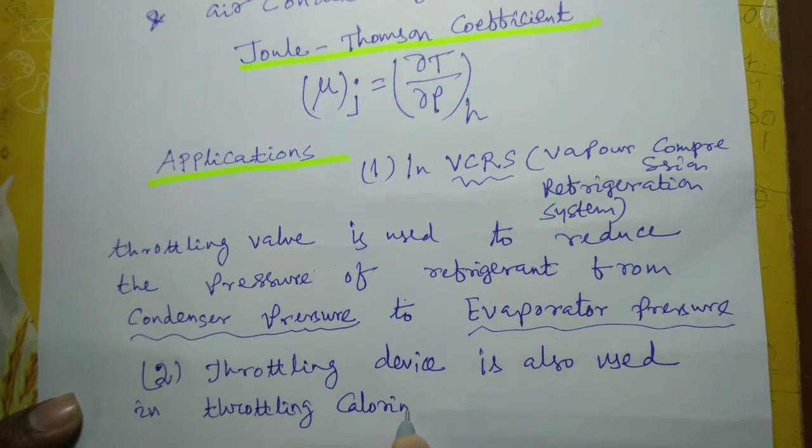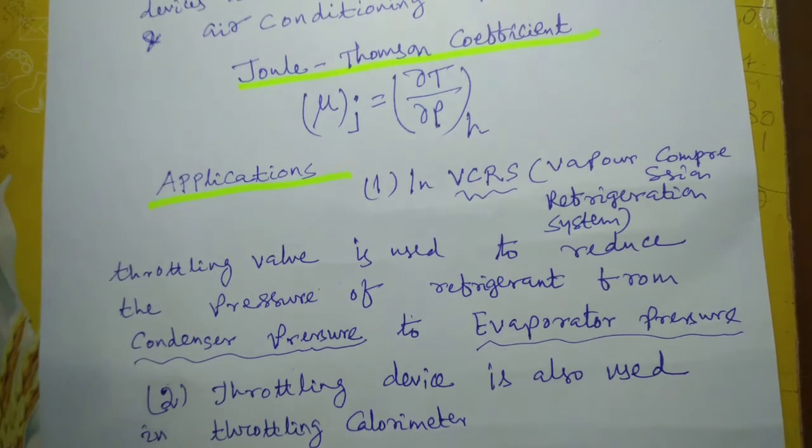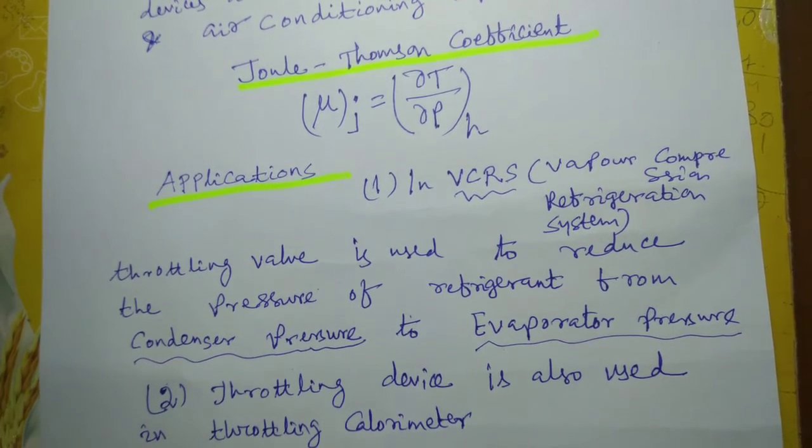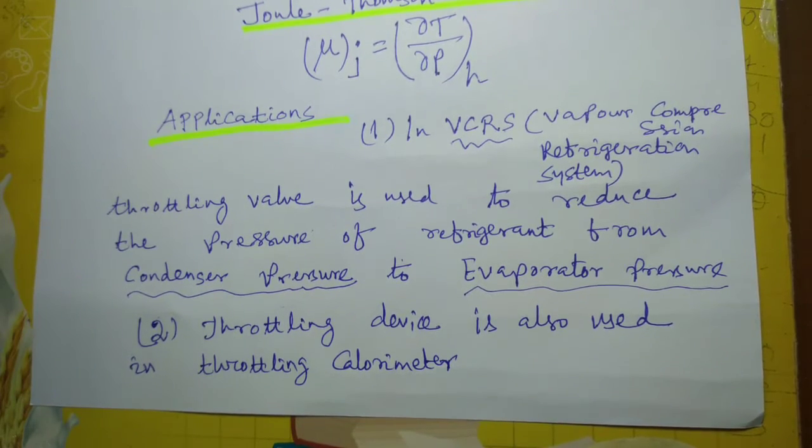And this throttling calorimeter is a device which is used to measure the dryness fraction or quality, which you will come to know while studying the pure substance, that in a liquid vapor mixture there is a term called quality, which represents the mass fraction of the vapor in a liquid vapor mixture. So to determine that, throttling calorimeter is used.